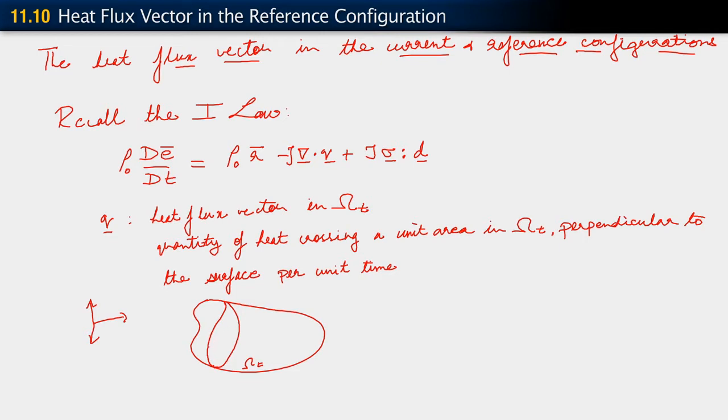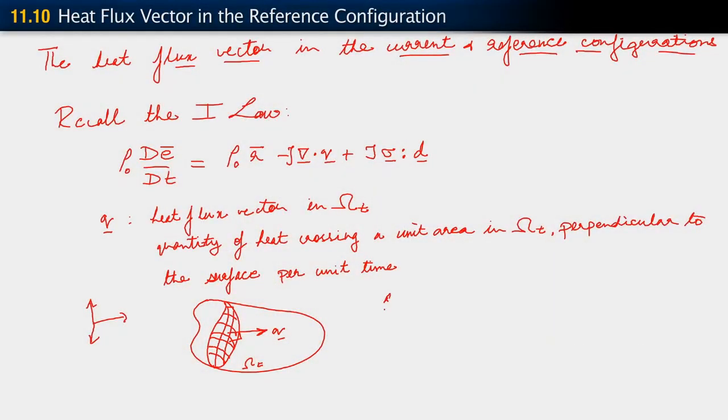I'll try to indicate that it's a surface by drawing these things that make it look like a surface. And what we're saying now is that the heat flux vector is that. We tend to think of it as the amount of heat coming out perpendicular to that surface per unit time.